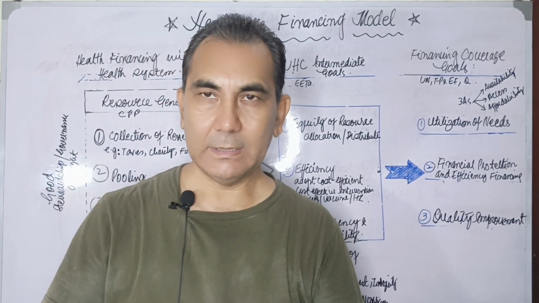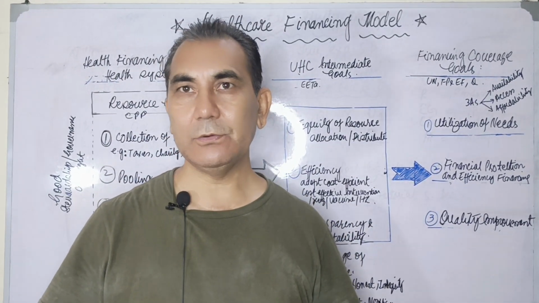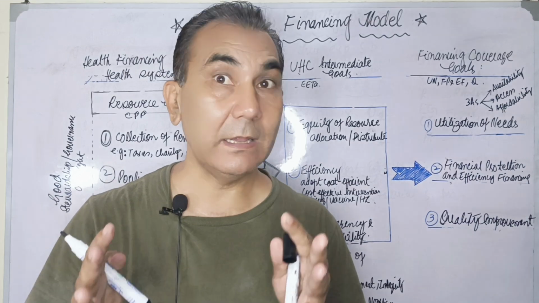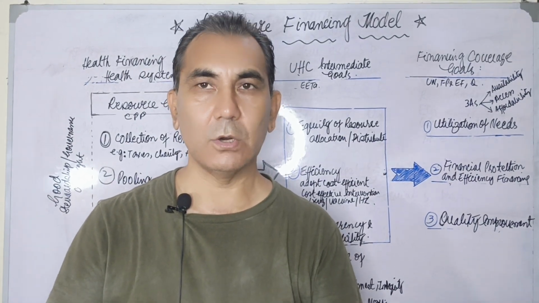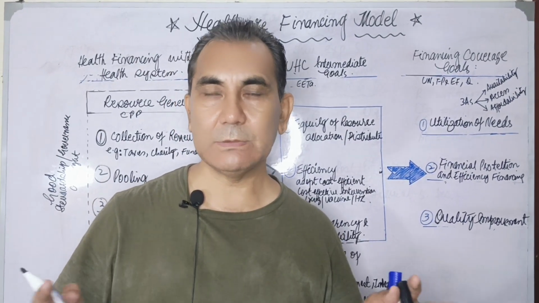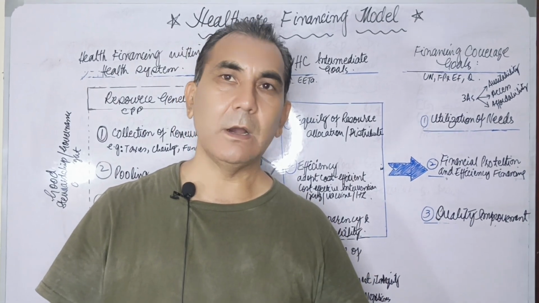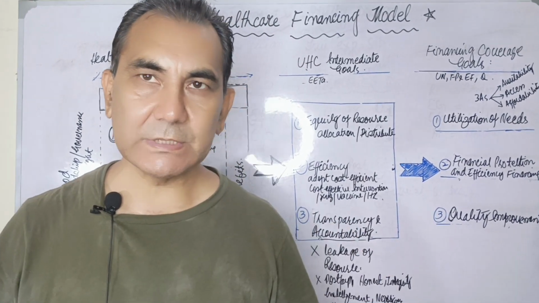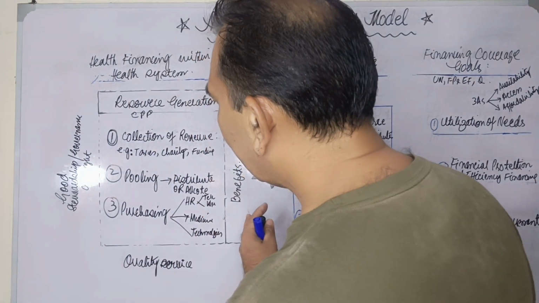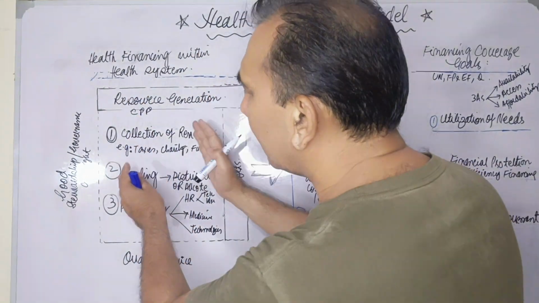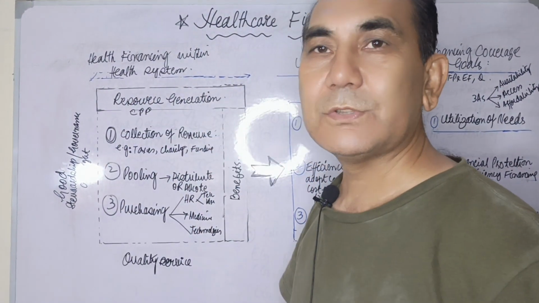I hope in today's lecture you have clarified your concept about the healthcare financing model. What is the healthcare financing model? It is a model which runs all over the world. It is a universal model. Through this universal healthcare financing model, the first arm, or the left arm, is resource generation.